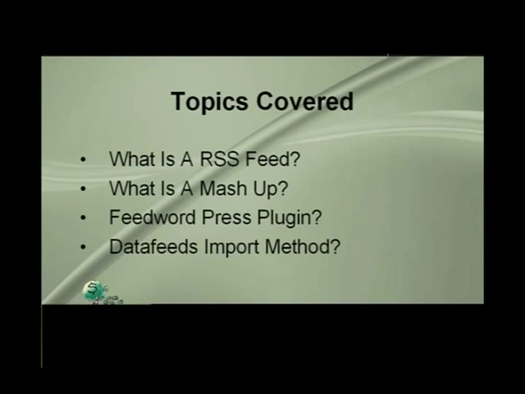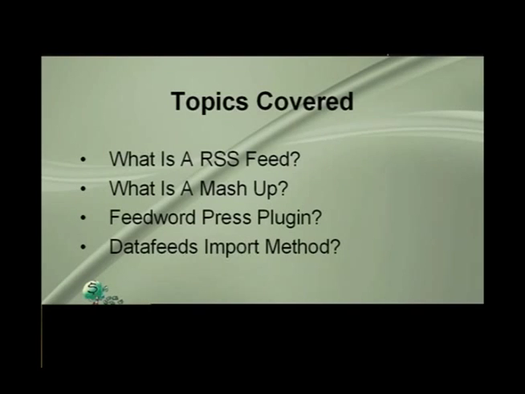Alright, so what we use to do this aggregation is a broadcast system called an RSS feed, which is a syndicated feed that each blog produces, and I'm going to describe and show you where you can find RSS feeds on each blog on the internet. Also, I'm going to show you what a mashup is.